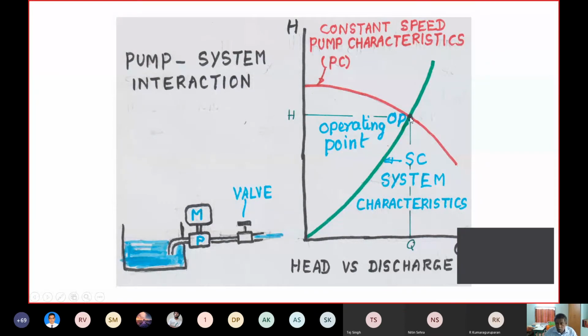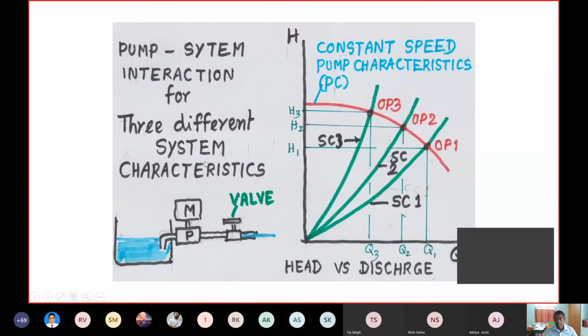You find that there is one intersecting point. So you have the system characteristics and the pump characteristics, and both will intersect at a point. When this pump works now, it will produce a head H and a discharge Q given by the intersection point.